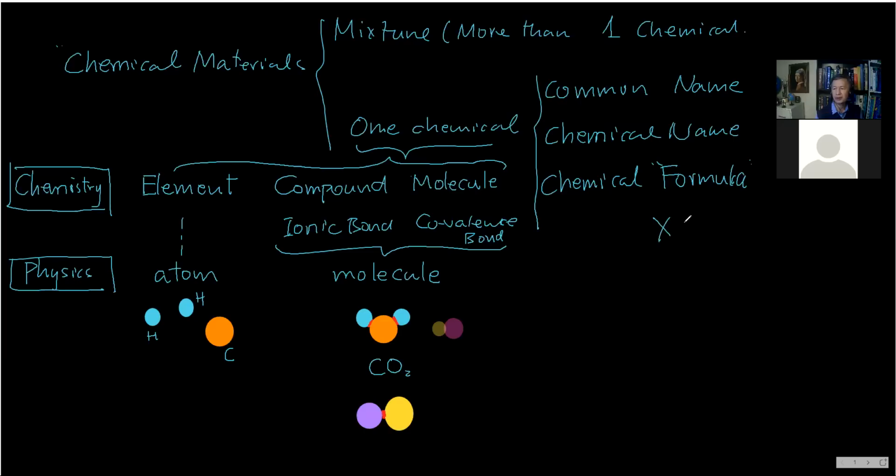For example, X, Y, Z. You put 3 different atoms together, and you have to make sure you have the right amount of each. If you don't write anything, it just means 1. So this is just the number of atoms in a molecule.